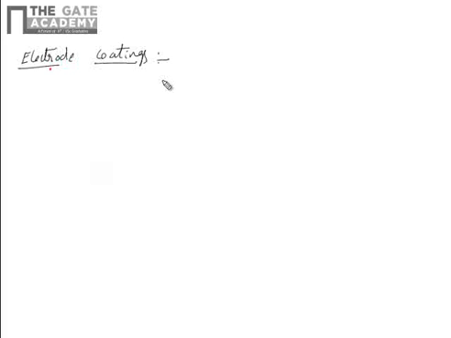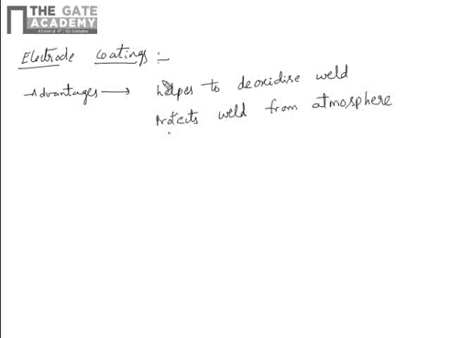The advantages of electrode coatings: it deoxidizes the melting material, helps to deoxidize the weld, removing the oxides from the weld bead, protects from the atmosphere, and it absorbs entrapped gases. So these are the advantages.